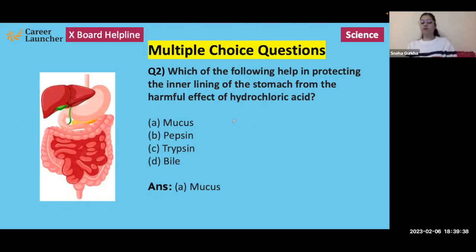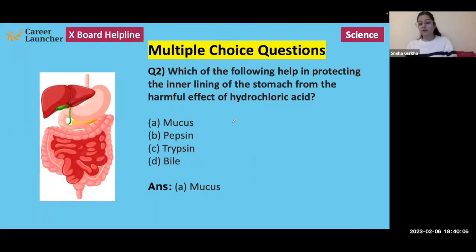The second most important role of hydrochloric acid is that it helps in the activation of certain enzymes. Certain enzymes are present in their inactive form and they require an acidic medium to become active and perform their respective functions. So these are two of the main functions of hydrochloric acid.